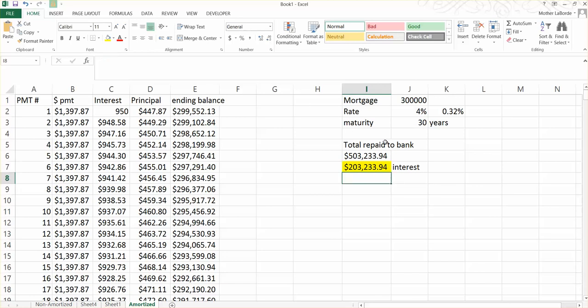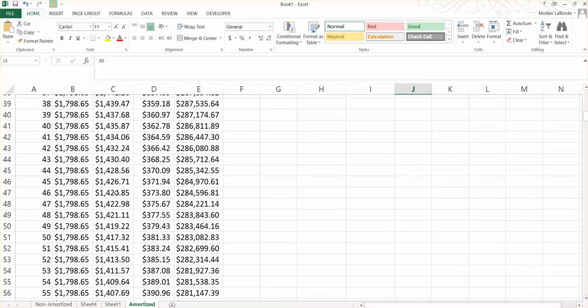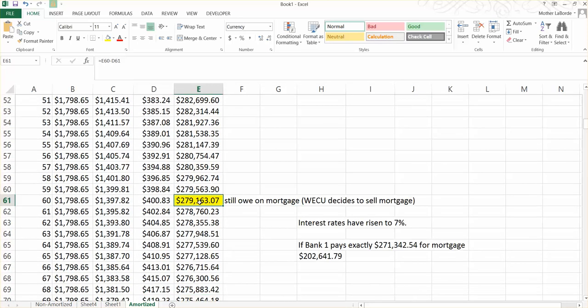Now the way that refinancing works, so I had a 6% mortgage that was 5 years ago, so I'm right here again on my payment schedule. So I still owe, let's say, about $280,000 on my mortgage.